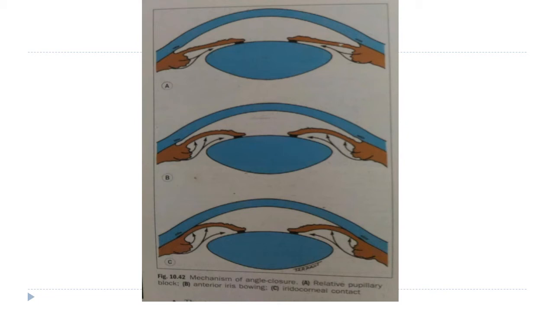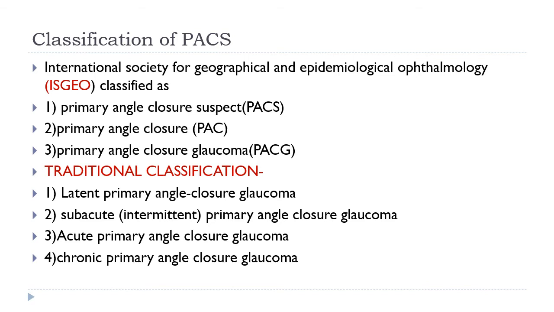Normally the aqueous comes out like this. Because there is no space for the aqueous to go out, it starts collecting over here. As the pressure increases posteriorly, slowly the iris bulges out, and that causes the apposition of this peripheral iris to the trabecular meshwork, the angle of the anterior chamber.